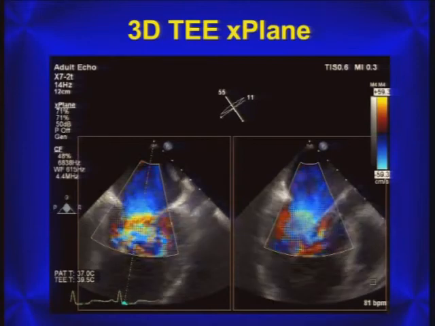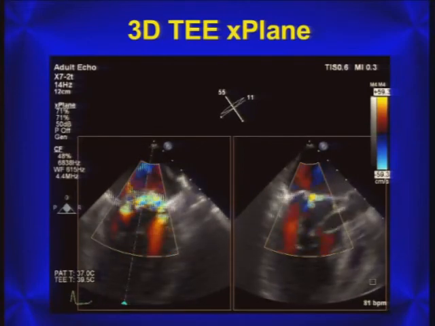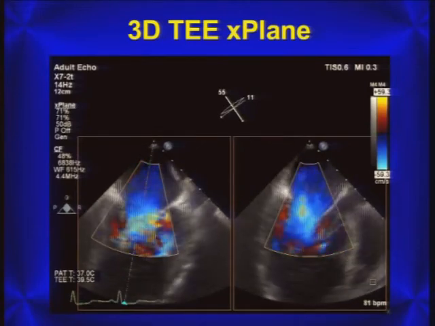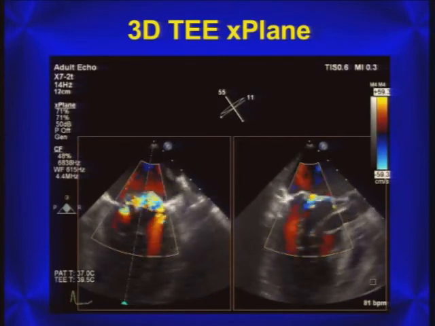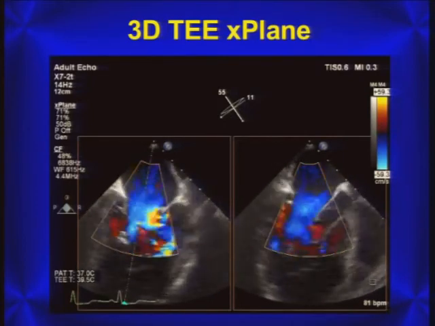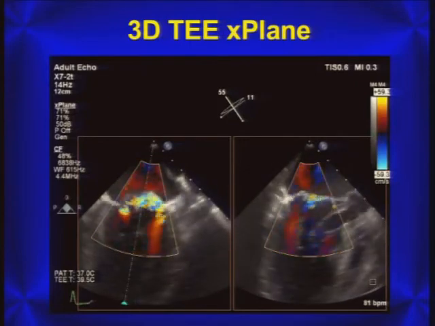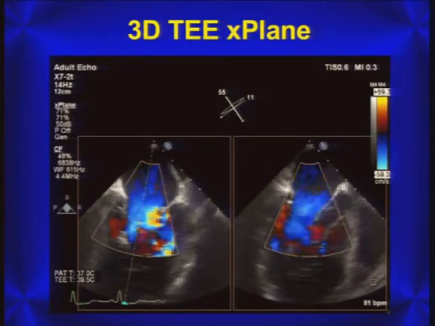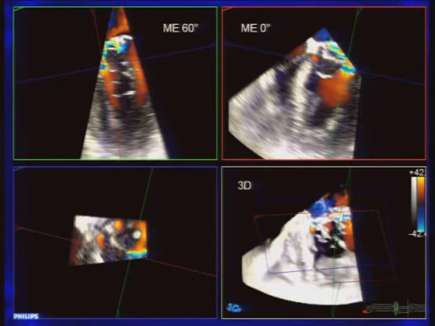And the dynamic subvalvular obstruction resulted in flow acceleration, which pushed up both the anterior and the posterior leaflets and caused some prolapse of the mitral leaflet. And the location of the subvalvular obstruction was different from the form that we might expect in, for example, hypertrophic cardiomyopathy. But it was severe.